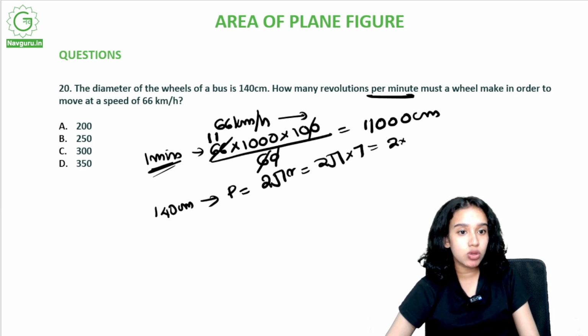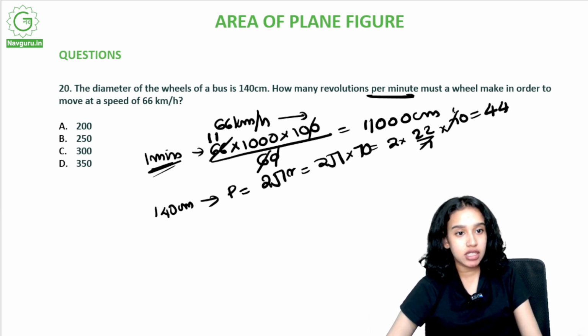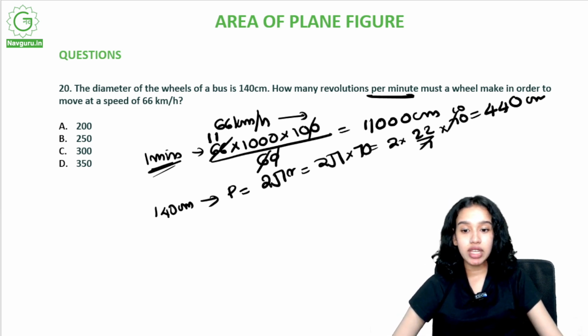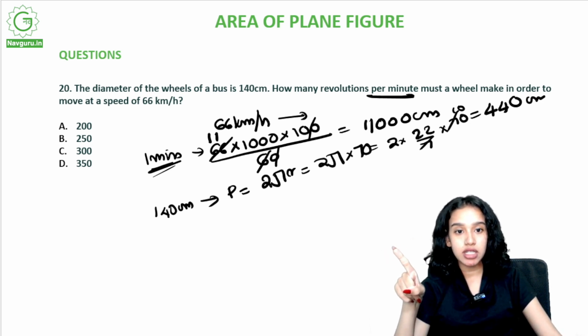Here we have 2 into 22 by 7 into 70. 7 and 7 cancel out, and we have 44 into 10. So this is 440 centimeters. So we have the wheel whose perimeter is 440 centimeters, and we have to cover 11,000 centimeters in 1 minute.